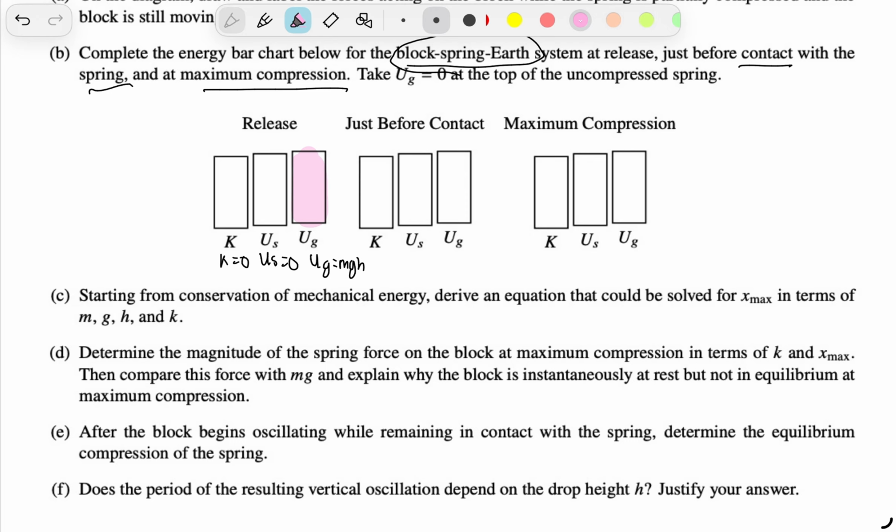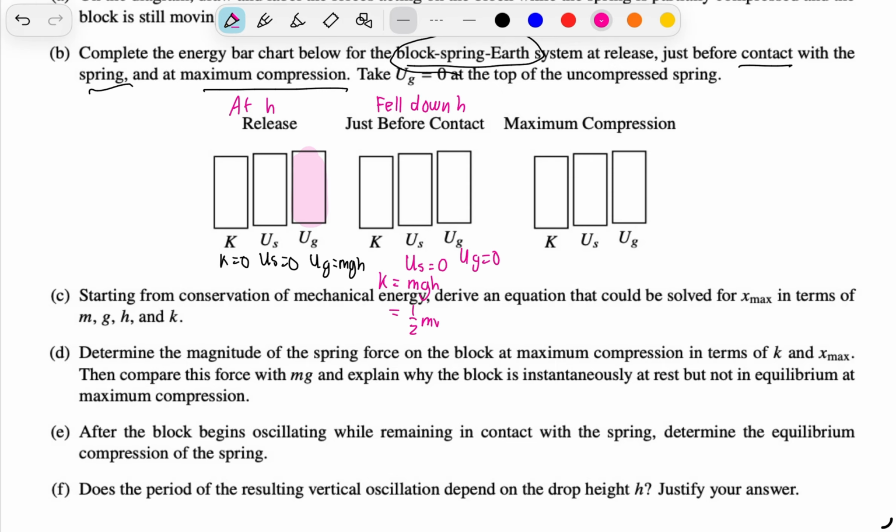Now for the next scenario, before contact, we fell down h. U_G is 0, U_S is 0, and K is mgh, equal to what mgh was, but you know the formula for that is still 1/2 mv squared. So all your energy is kinetic.